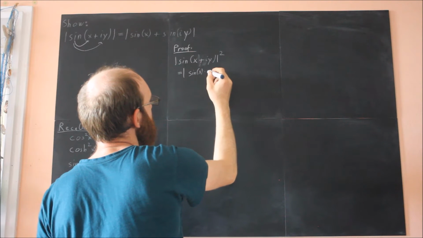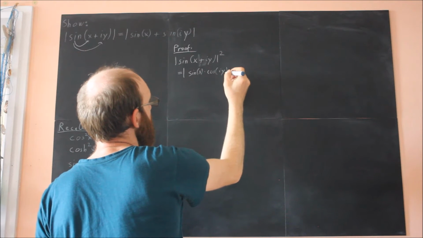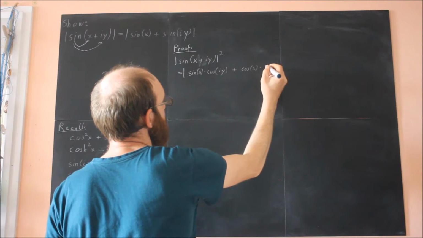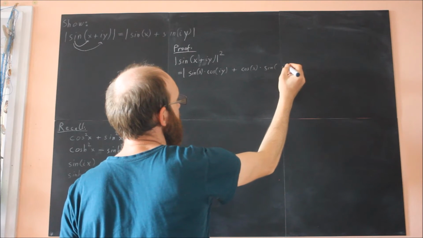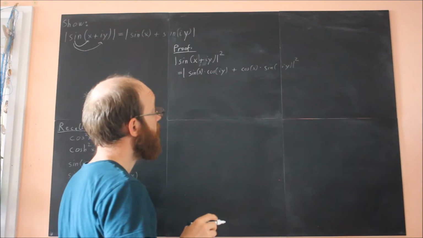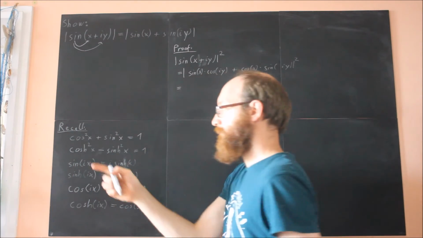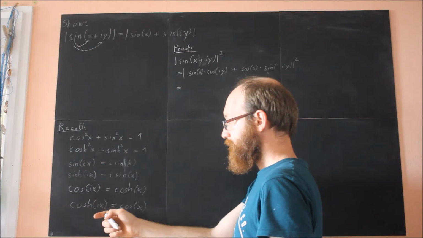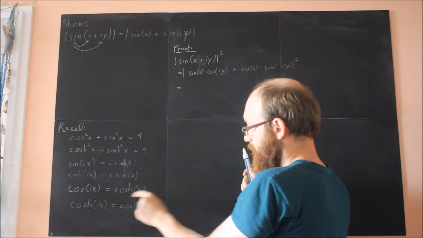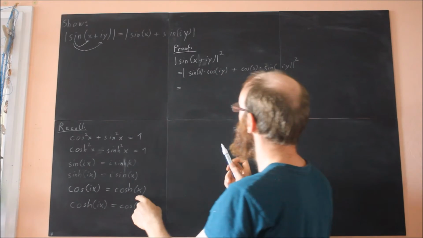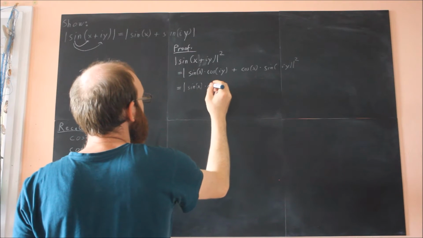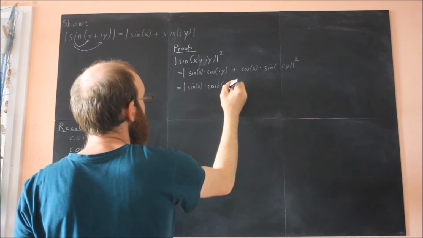sine x times cosine iy plus cosine x times sine iy. Alright, so this is the addition formula for the sine. Now we use these properties. So we see cosine iy is hyperbolic cosine of y. So here we have sine x times hyperbolic cosine of y.